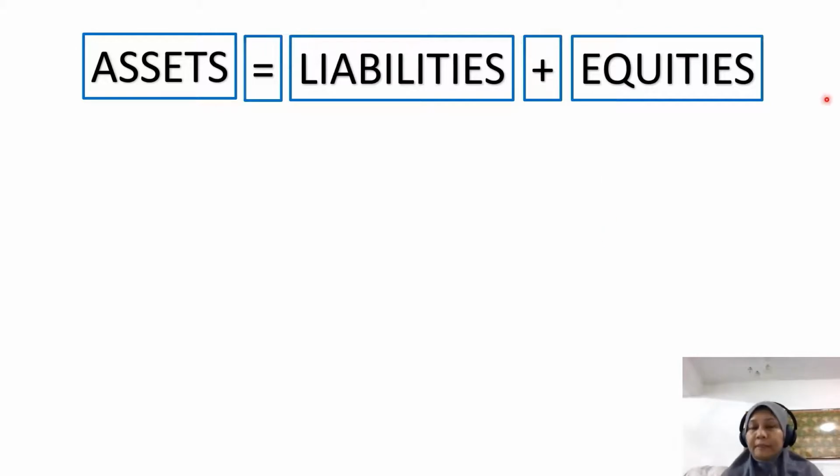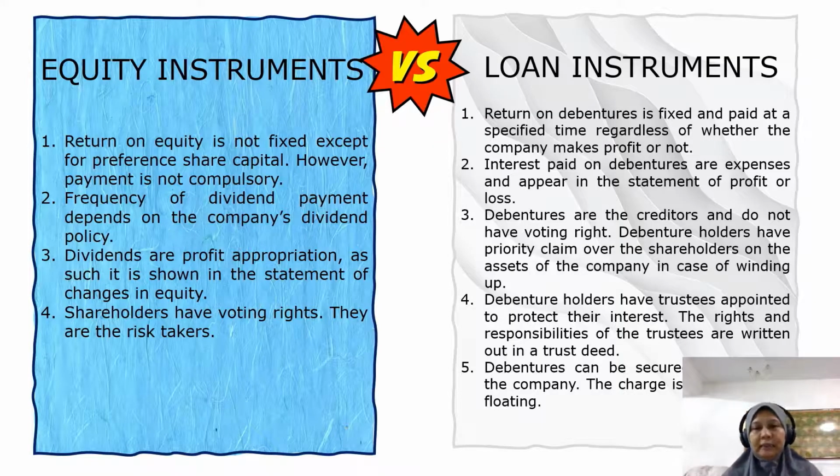All right. So other than what I mentioned earlier in my previous slide, the conclusion is that the difference between equity instruments and loan instruments can be summarized as follows.